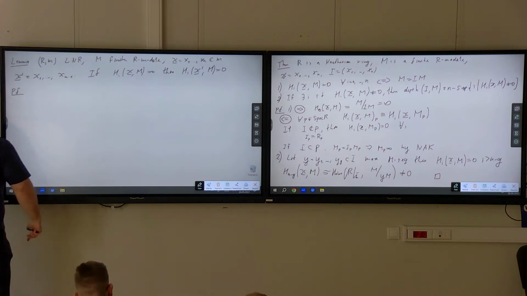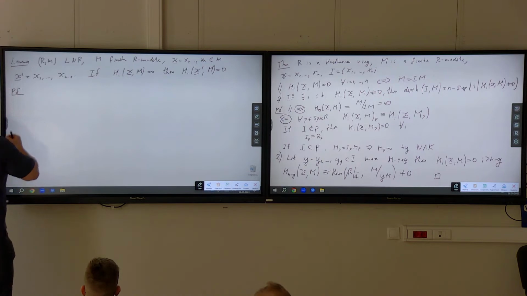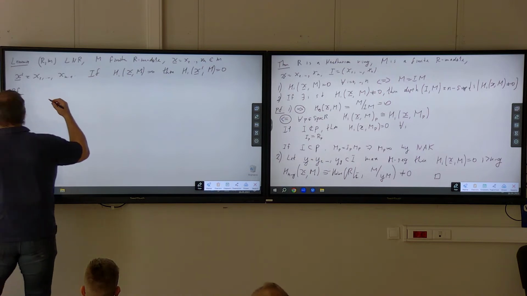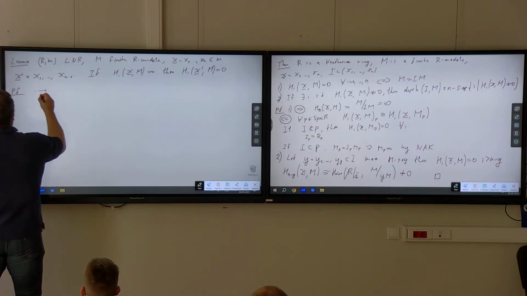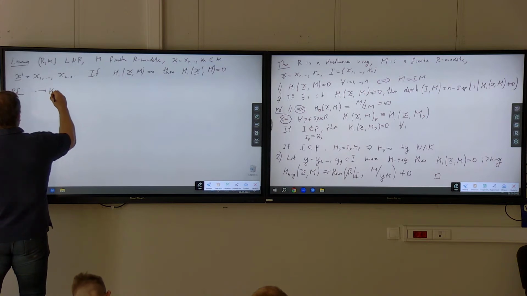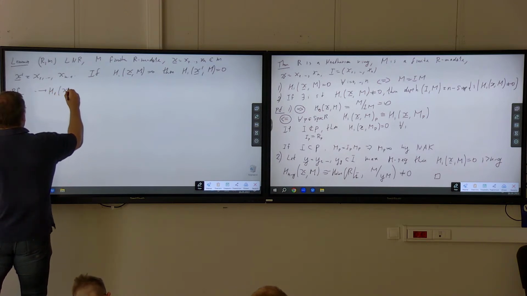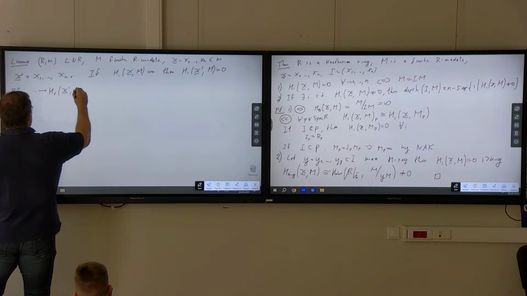The proof is relatively straightforward. You just need to, again, write the long exact sequence for the Koszul homology that I was already using, I think, at least once, maybe even twice.